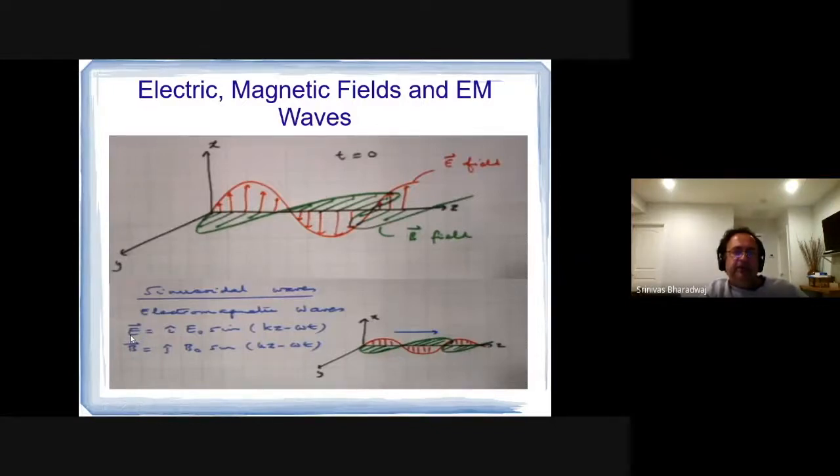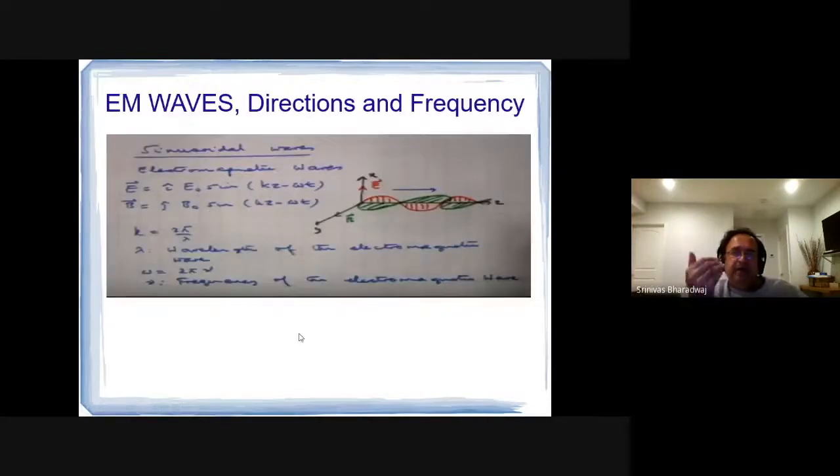So E is along the x direction, where i is the unit vector in the x direction: E equals i times E naught sine (kz minus omega t), and B is j times B naught times sine (kz minus omega t), right? You notice that they have the same k and omega. Therefore, with that, you have the corresponding frequency.